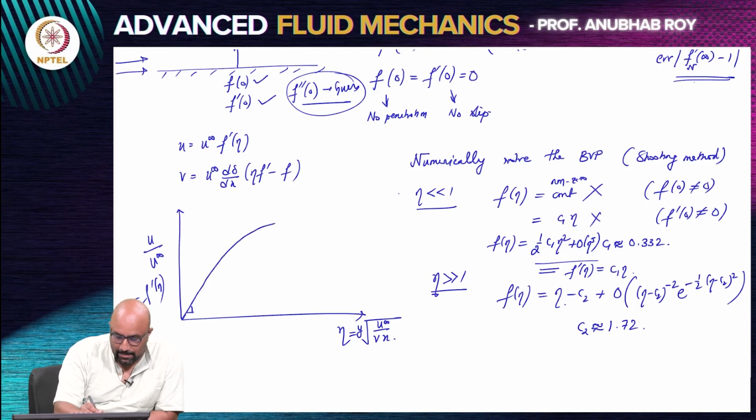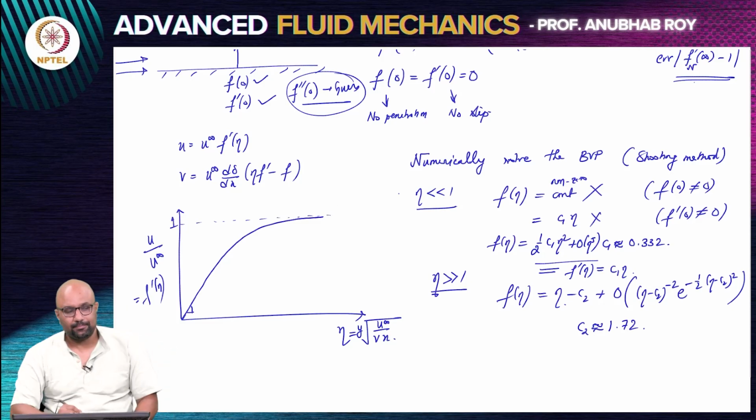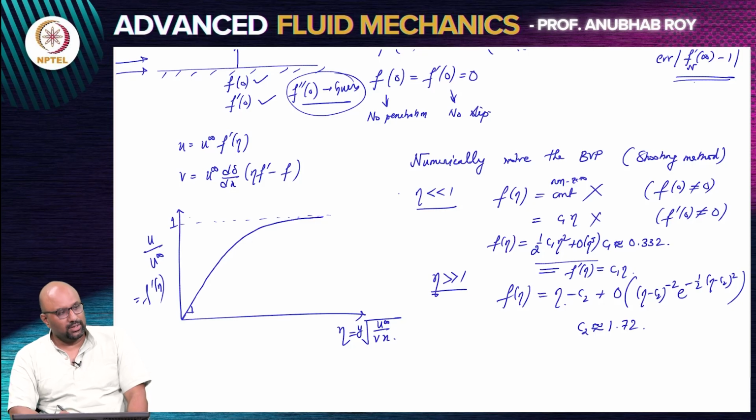And then it is going to approach the line which is 1. This is what the velocity inside the boundary layer would be. Now, the part which you have to pay attention to here: this is the streamwise velocity, not plotted as a function of y.